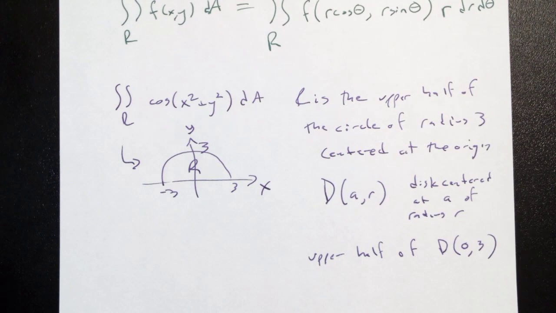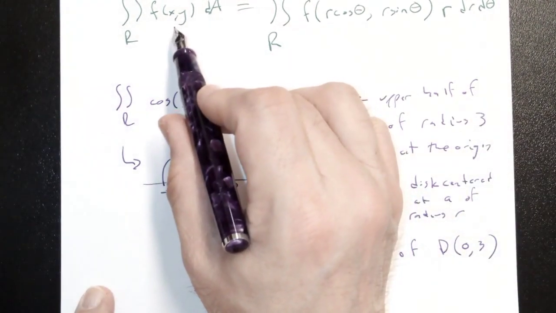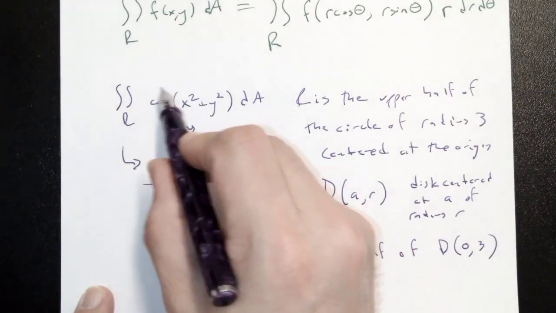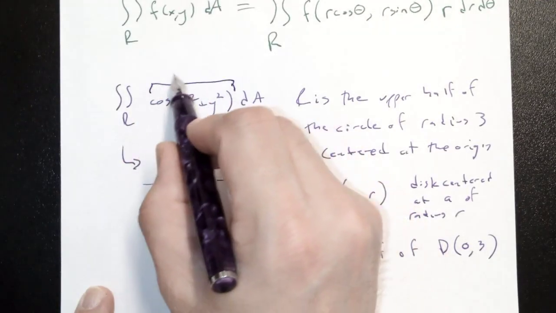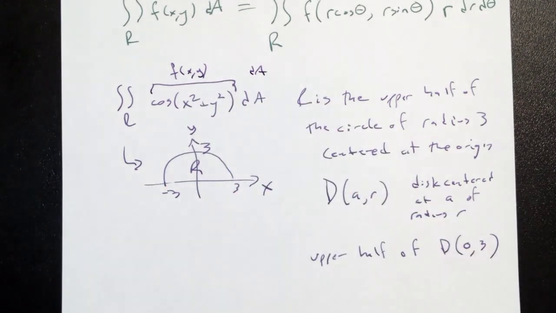Was cosine squared. That was the function in the problem in the textbook. That's our f of x y, right? That was the problem that they asked me to integrate.